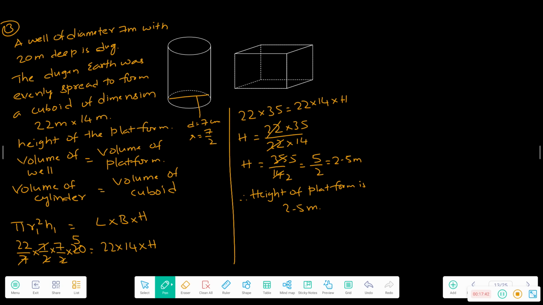Now question number 4. Problem number 4. A well of diameter 14 meter is dug 15 meter deep, and the earth taken out was spread evenly in the form of a circular embankment all around the well of width 7 meter.